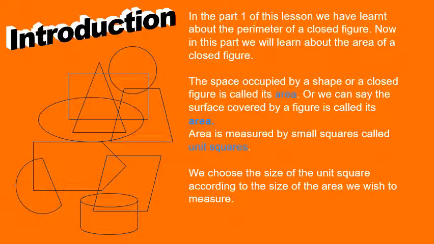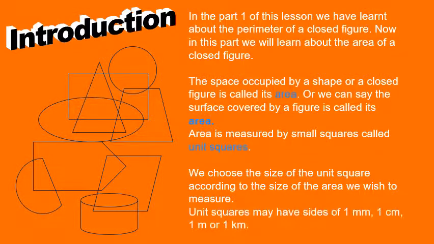We choose the size of the unit square according to the size of the area we wish to measure. Unit squares may have sides of 1 millimeter, 1 centimeter, 1 meter or 1 kilometer.